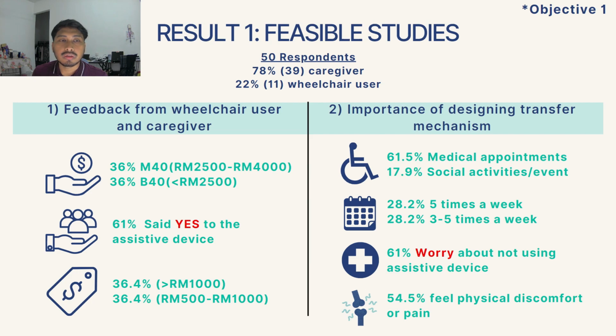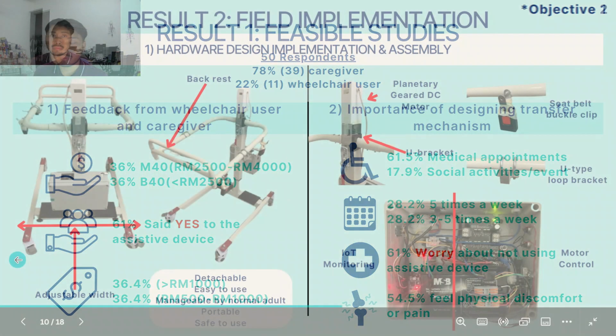They stated that they feel physical discomfort or pain from being lifted without an assistive device, and they have long-term injuries, such as caregivers with long-term back pain, and also the risk of falling, as stated by wheelchair users.